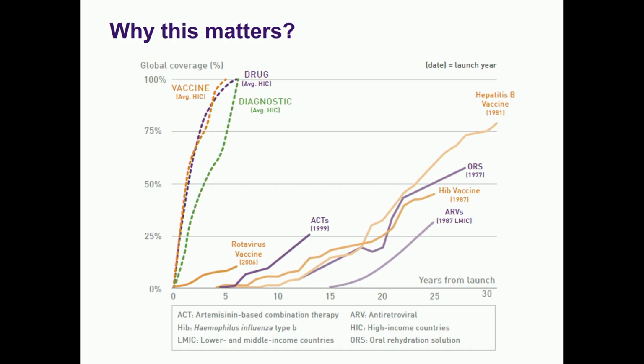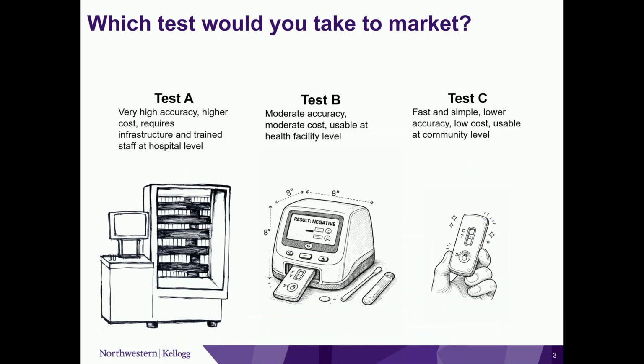So that's why this matters: a technical innovation on its own doesn't really matter until it has the coverage that it needs. So I'm going to give you a job opportunity right now.